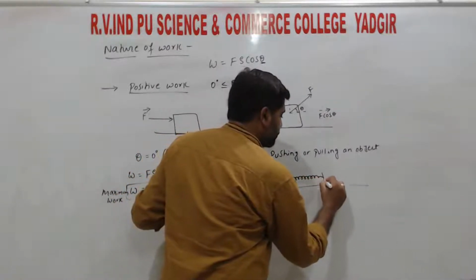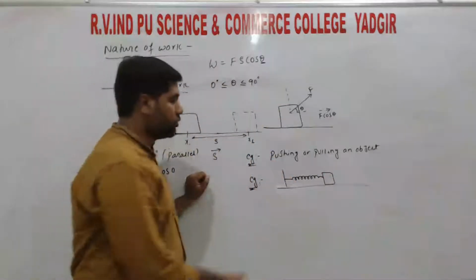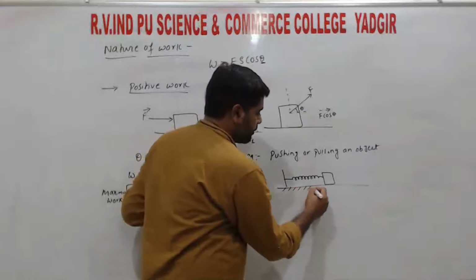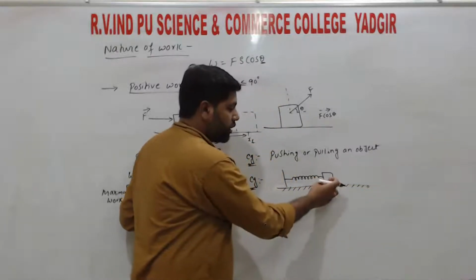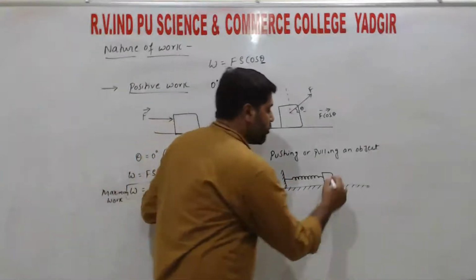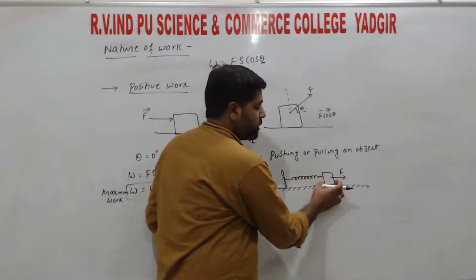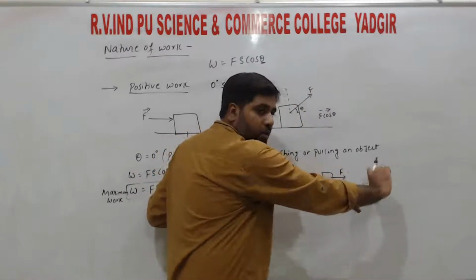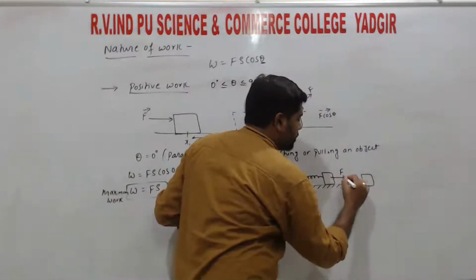consider one spring which is attached to the block. So one spring is there, and we have attached it to a block. Now I am pulling this block with some constant force. When I pull, the object displaces along with the spring.